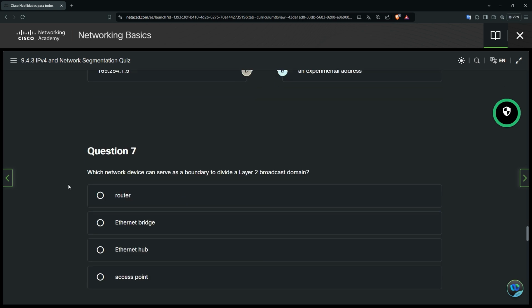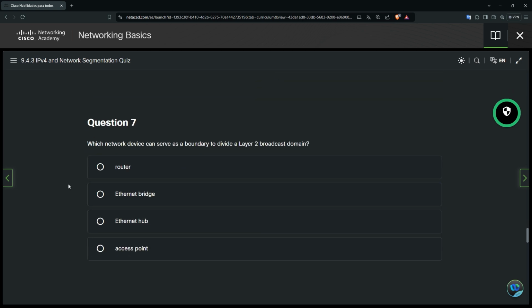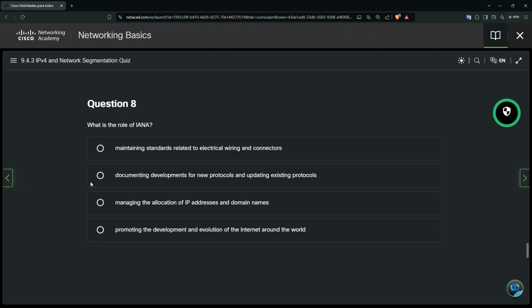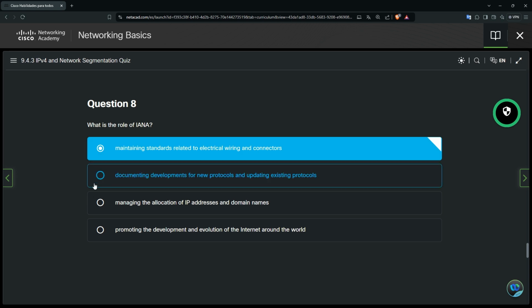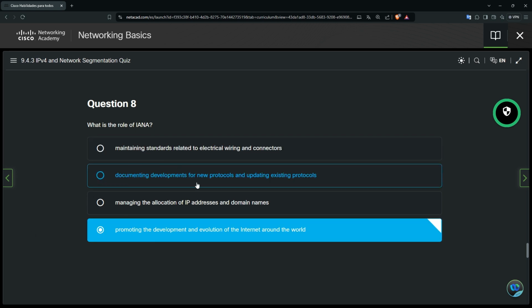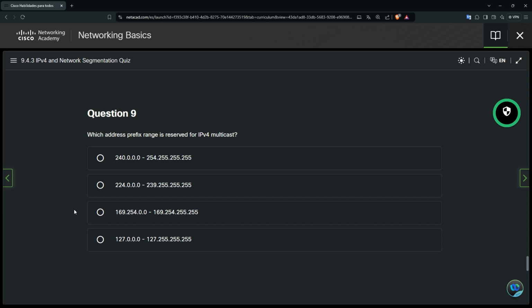Okay. Which network device can serve as a boundary, and documenting, managing the allocation. I don't remember what is the role of IANA. Okay.